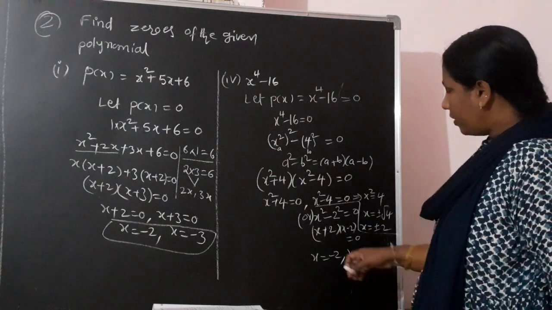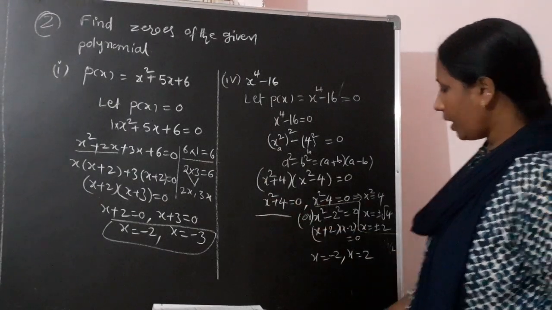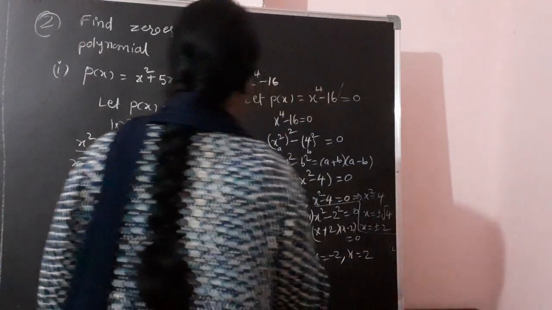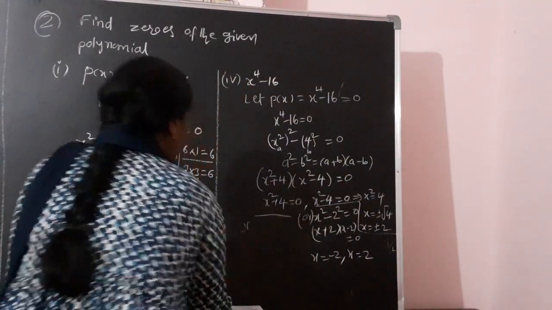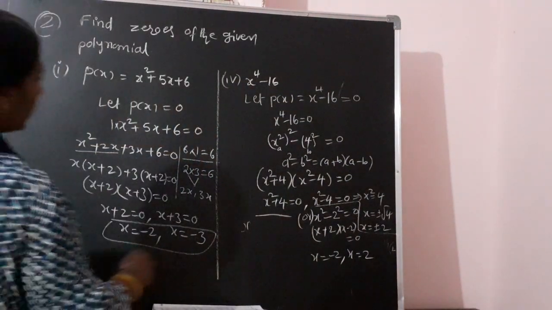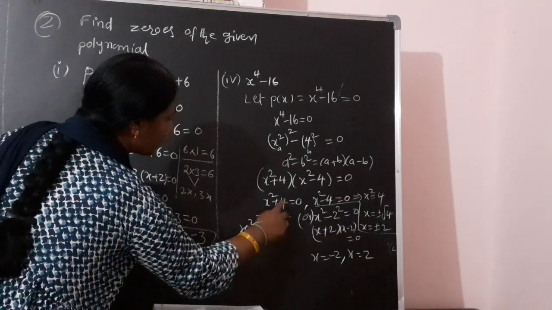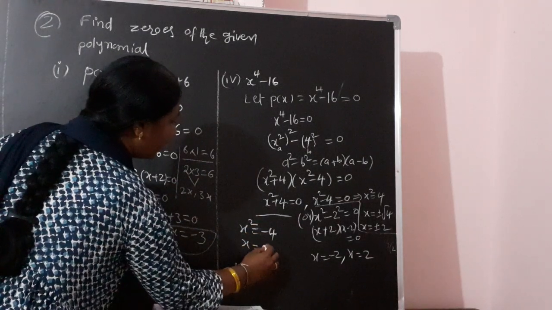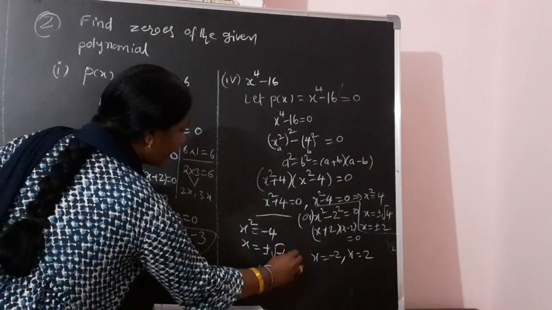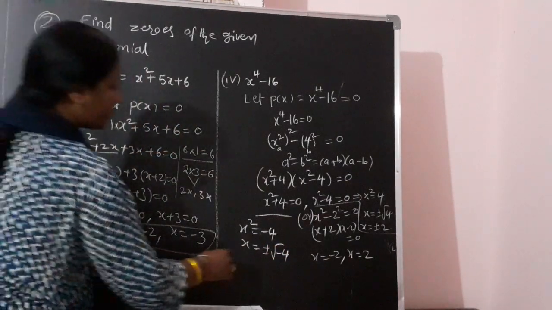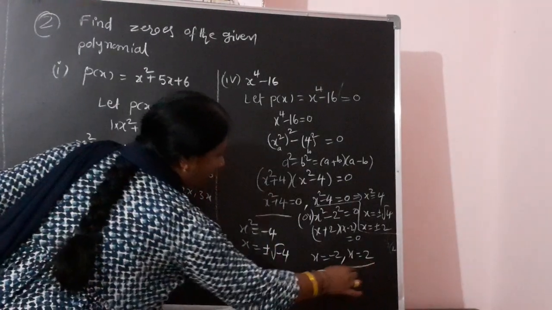Now see here, how can you write this? x square plus 4 equal to 0 is not any formula. So x square equal to minus 4, so x equal to plus or minus root of minus 4. So now the zeros are only these two. Why?